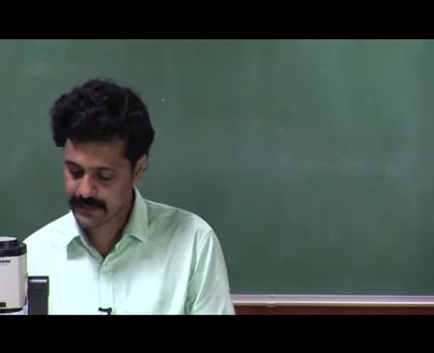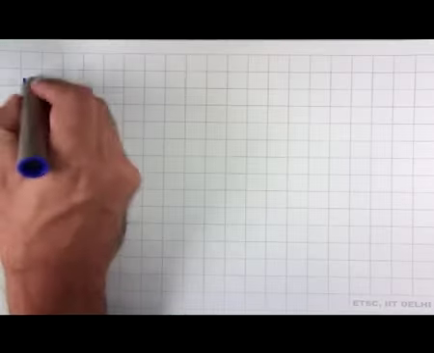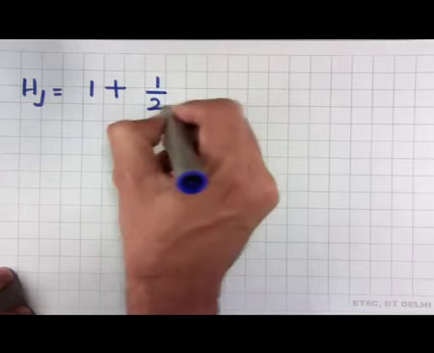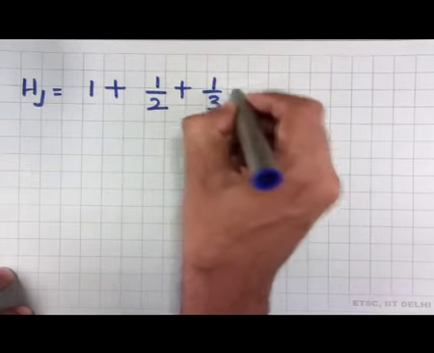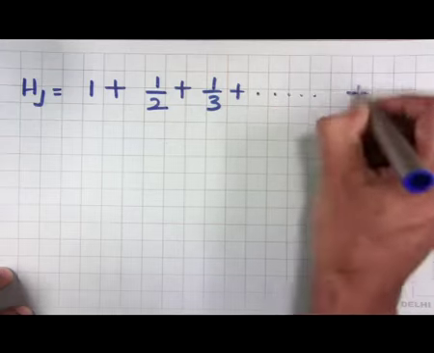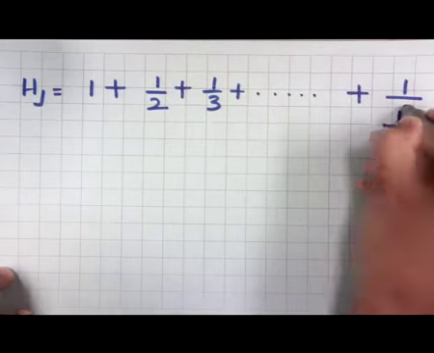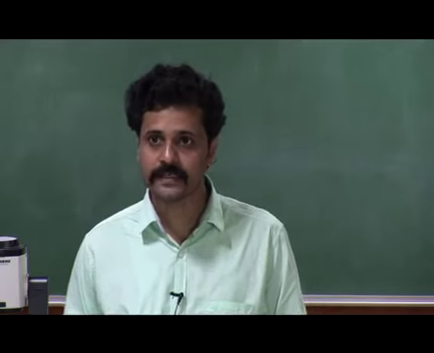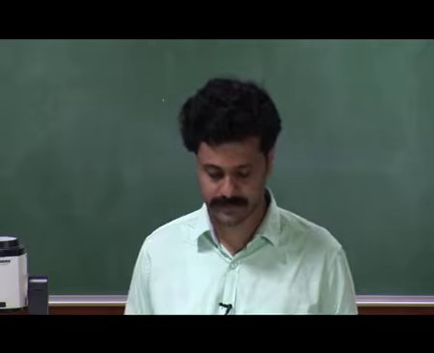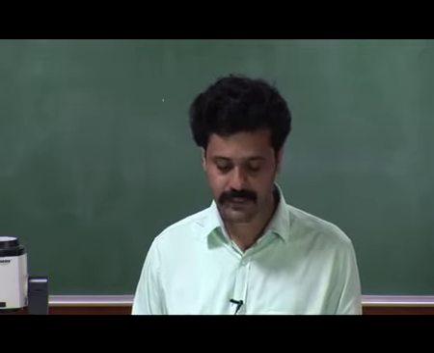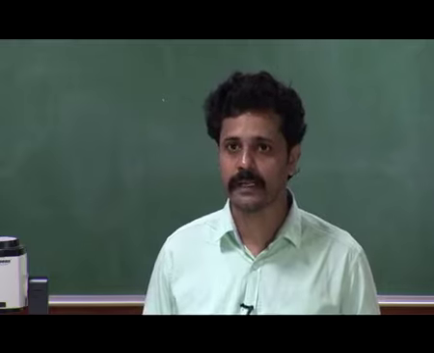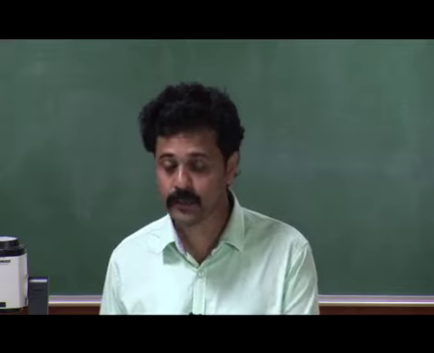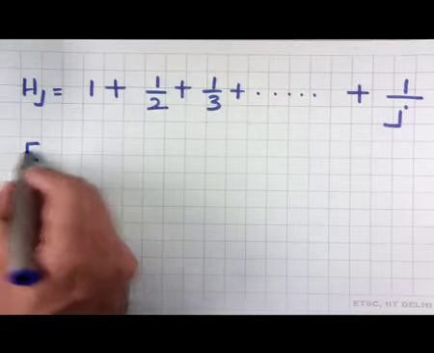Hj is equal to 1 plus 1 by 2 plus 1 by 3 plus etc. 1 by j. That is, it is sum of reciprocals of first j natural numbers. This is the definition of jth harmonic number. Having this definition in hand, let us proceed with next example.